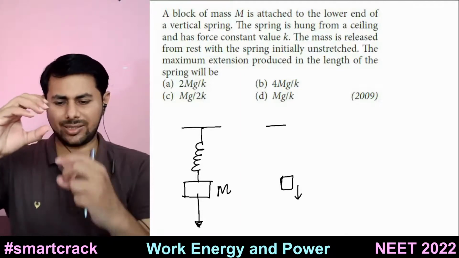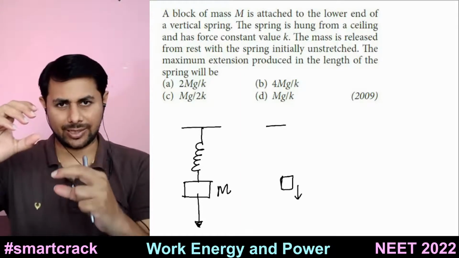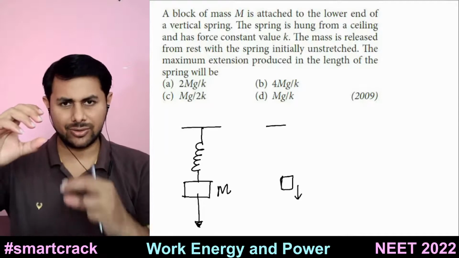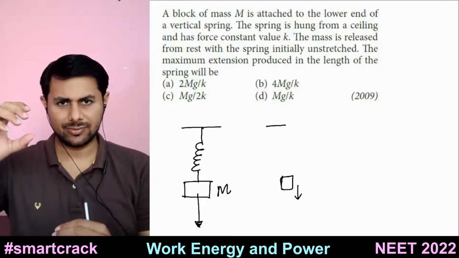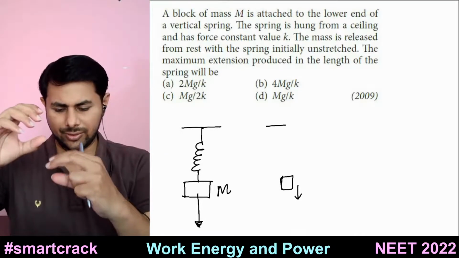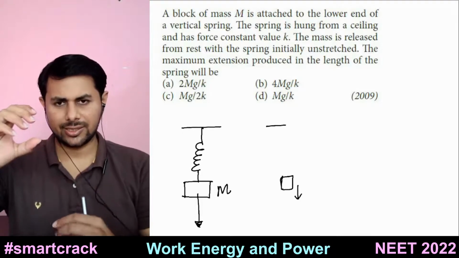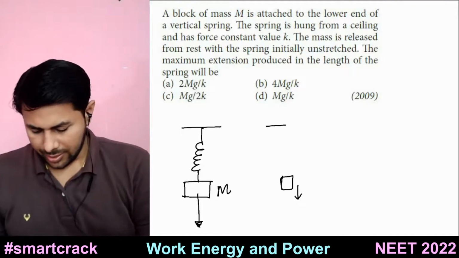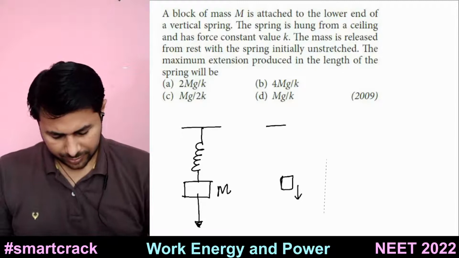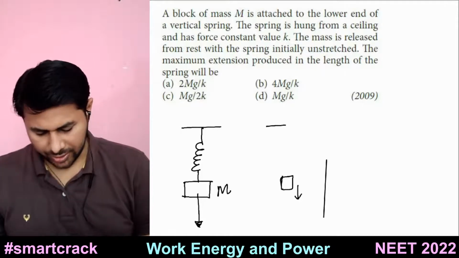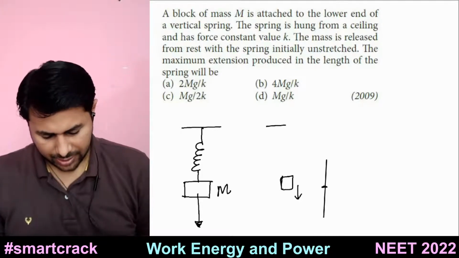So speed increases, it becomes maximum at some point, and again it goes back like this. Its speed decreases. Let's suppose the distance of its path is this much.